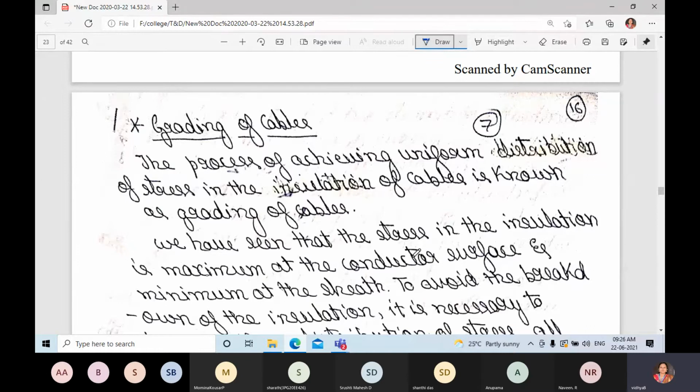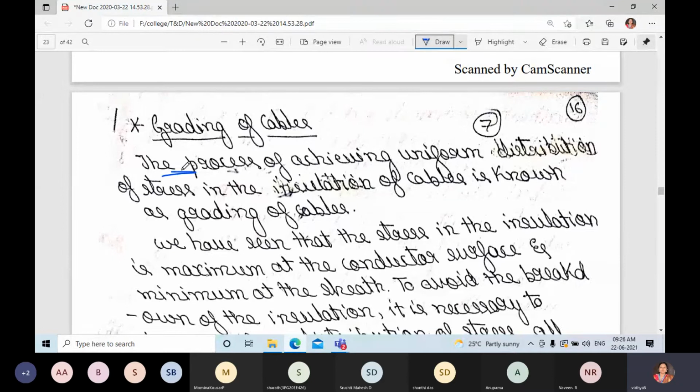Each layer may get a different level of stress, and there are chances of breaking the insulation, because the outer layer will have more stress and the next layer less, and so on.